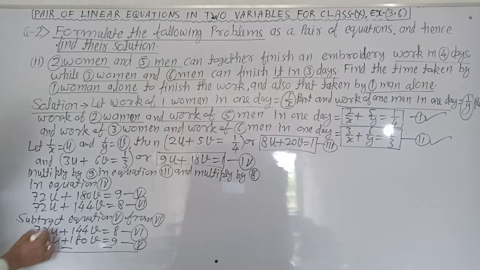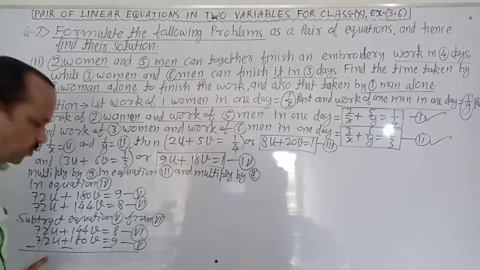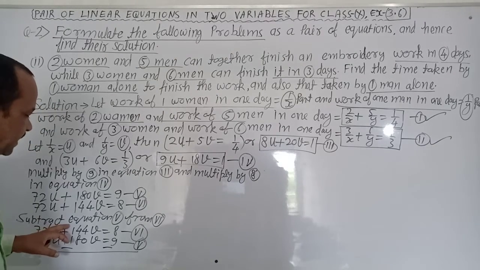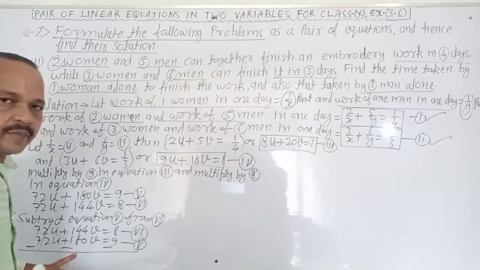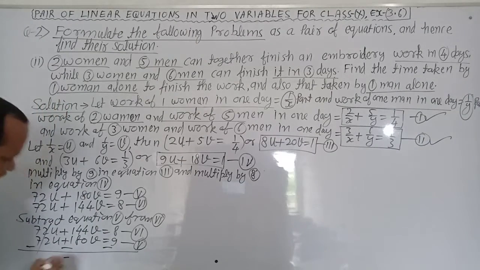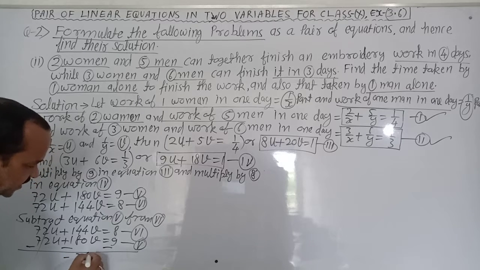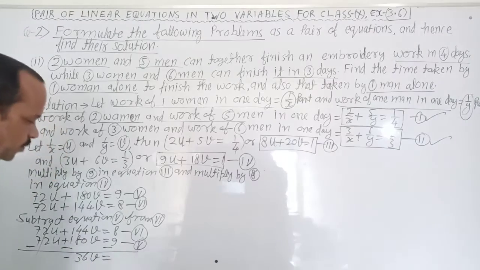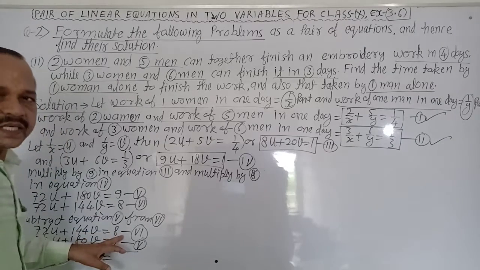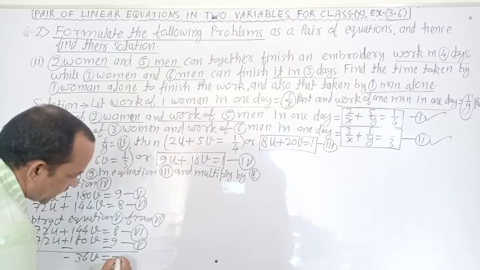You can cut 72u plus 72u and minus 72u. Here plus 144v and here minus 180v. You subtract it. It becomes minus 36v equal to here plus 8 here minus 9. Subtract it, it becomes minus 1.